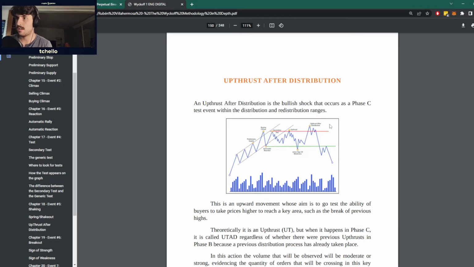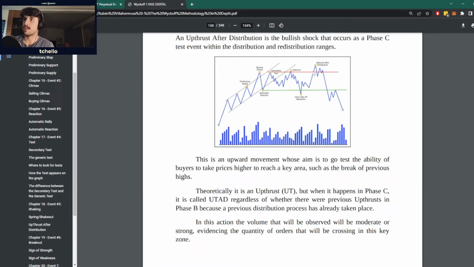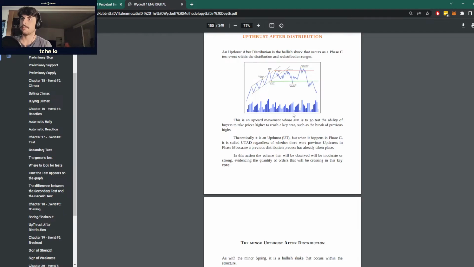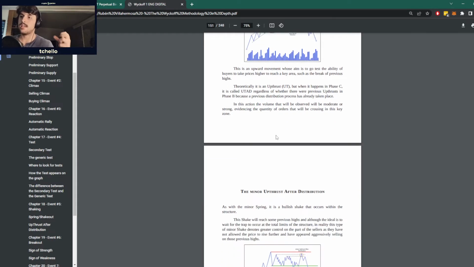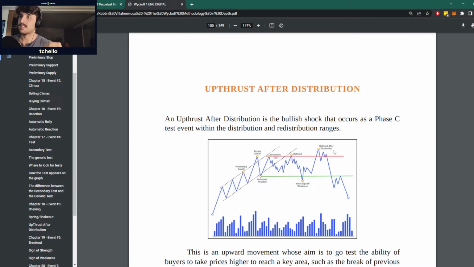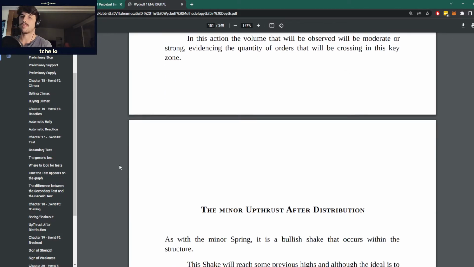So as we see here, it is the last point at which the price goes higher and then it finally breaks down, right? Technically, this is just an upthrust, but when we see that happening in phase C at the end of that distribution, then it's called the upthrust after distribution. And we'll call that ultimate point of supply or whatever. We'll see about that in the next classes.